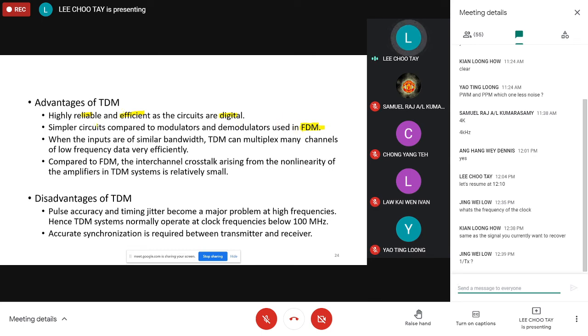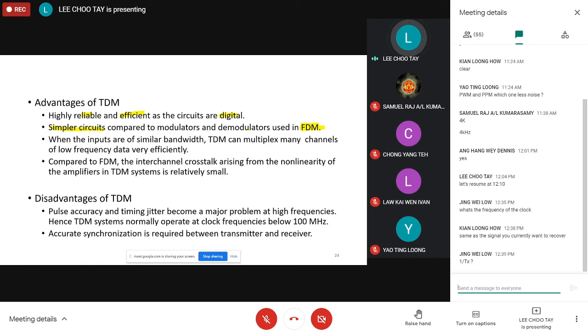Whereas for TDM, you just need to make use of the commutator. You switch between the signals, and then you can just straight away share them over the channel. So as far as the circuit is concerned, TDM requires simpler circuits, right?